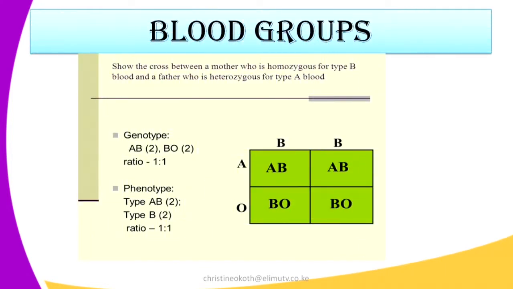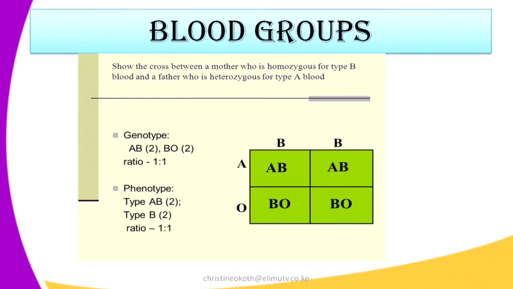Another example is a cross between a mother who is homozygous for blood group B, which means the genetic makeup is BB, both of them being dominant, and a father who is heterozygous for the type AO.